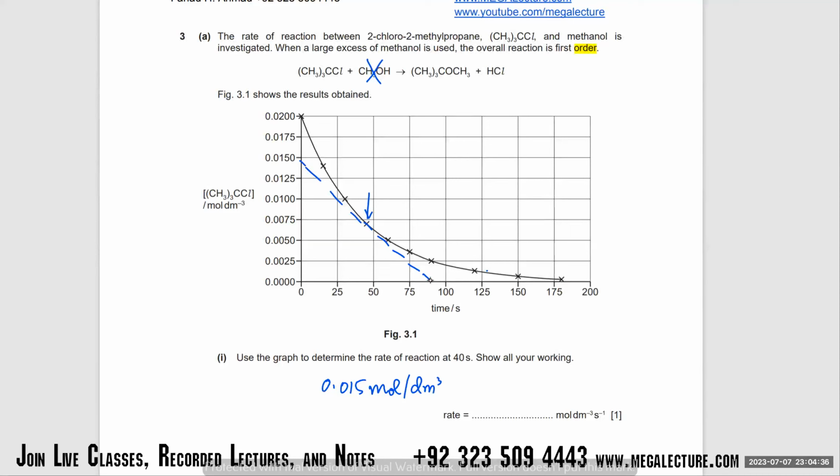I think it's approximately 90. Okay, I got 1.67 times 10 to the power of minus 4, mole per dm cube per second, right?